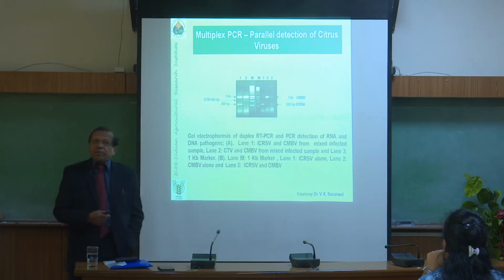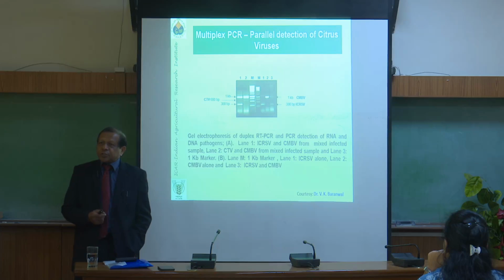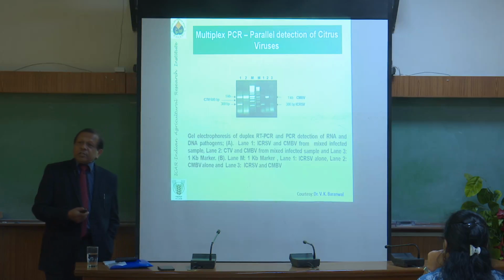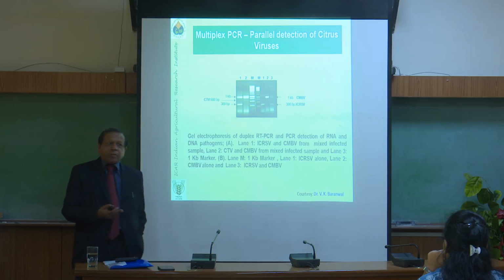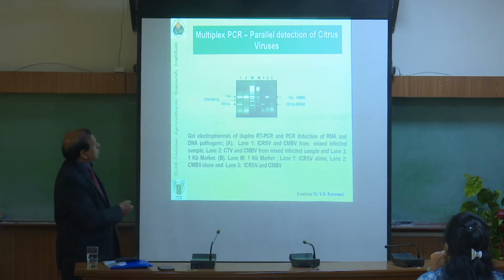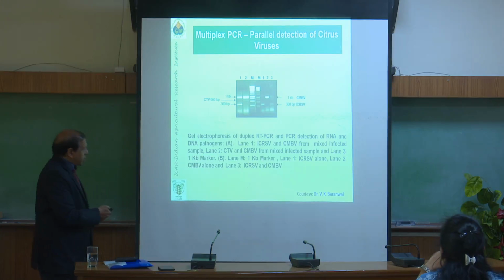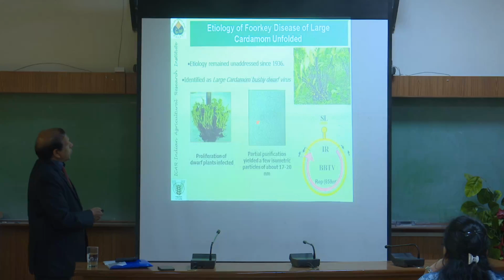Similarly, his group has been able to develop multiplex PCR for citrus viruses. And not only viruses, there is also citrus greening bacterium disease, which is a serious problem. So, he has been able to develop multiplex PCR for that too.